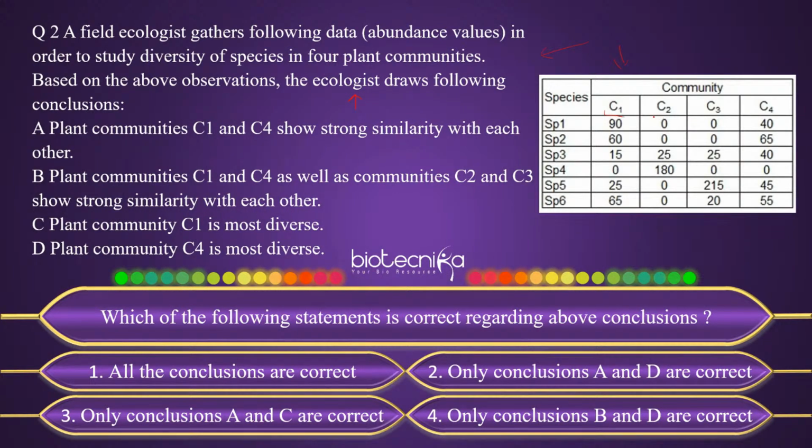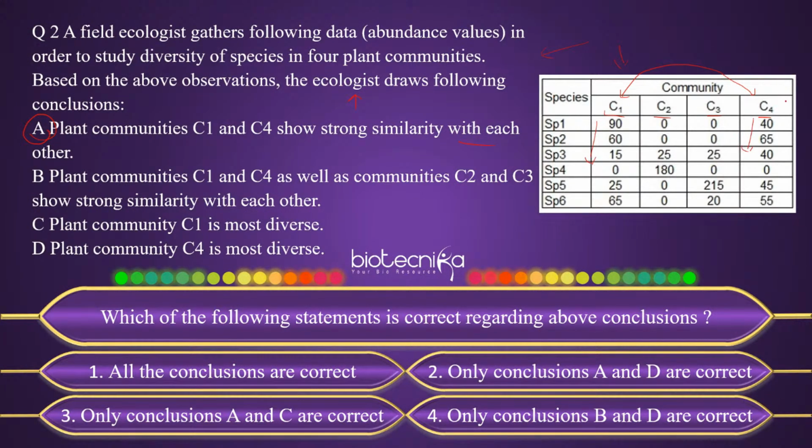If you compare all of these four communities and check the relative abundance, foremost you will realize that C1 and C4 have the same pattern. They show similarity with each other. So conclusion A should be correct. And then just look at the relative abundance.